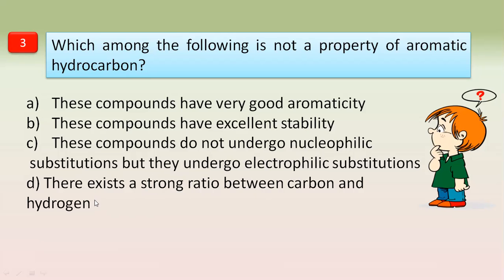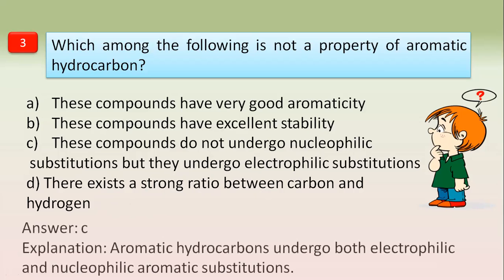We have to find out which is not a property of aromatic hydrocarbon. So the correct option is option C. Aromatic compounds do not undergo nucleophilic substitution, but they undergo electrophilic substitution reaction. Actually, aromatic hydrocarbons undergo both electrophilic and nucleophilic aromatic substitution type of reaction.